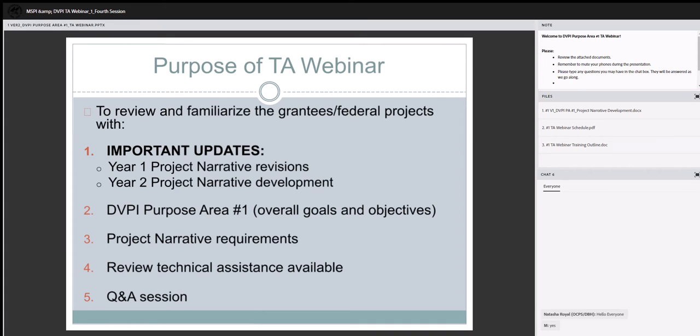Okay, purpose of the TA webinar is to review and familiarize the grantees with important updates for the Year 1 project narrative and the Year 2 project narrative development. Number 2 is DVPI Purpose Area 1, review the goals and objectives.